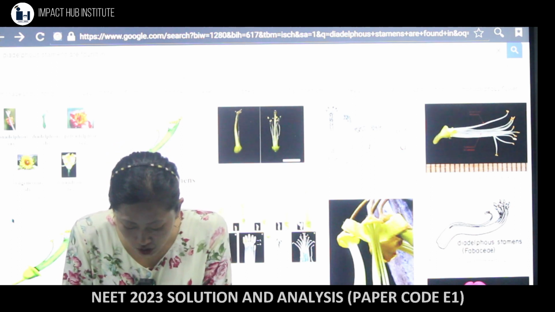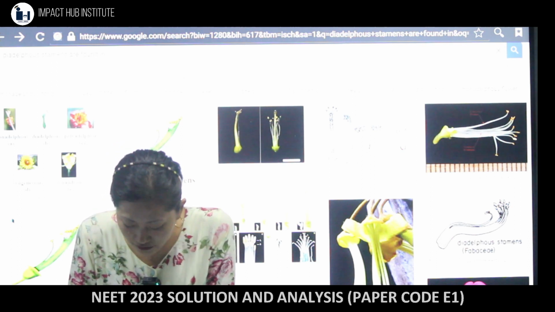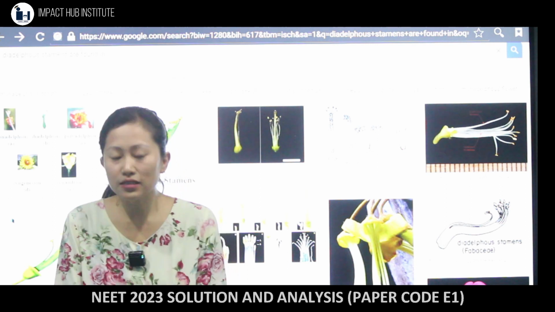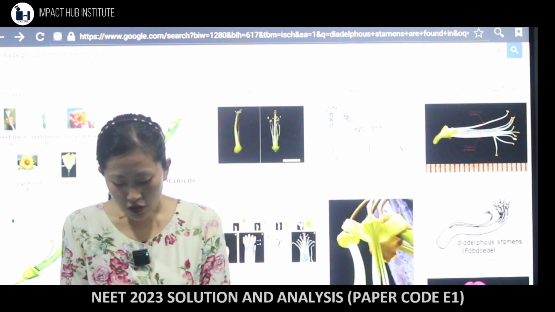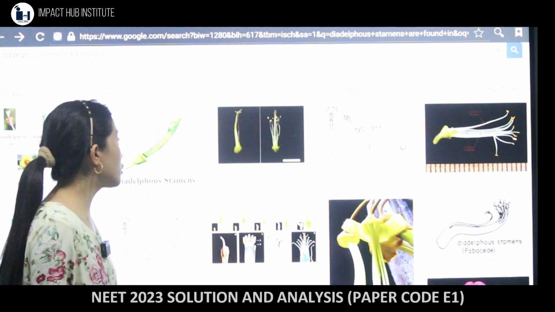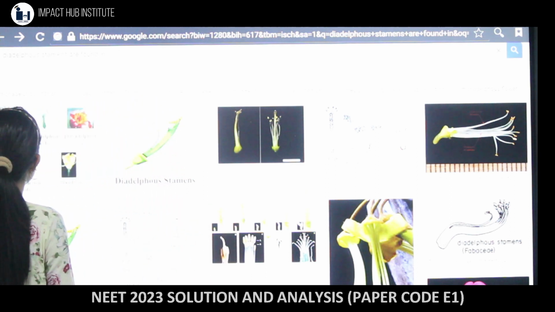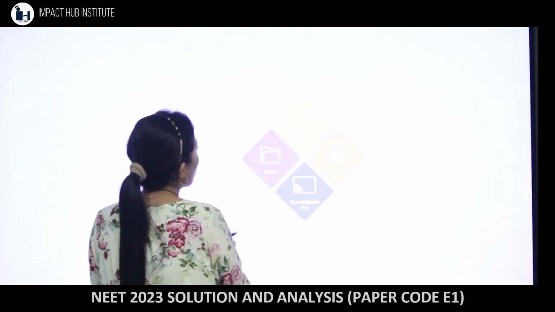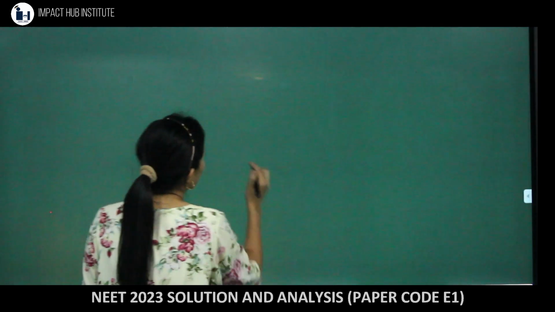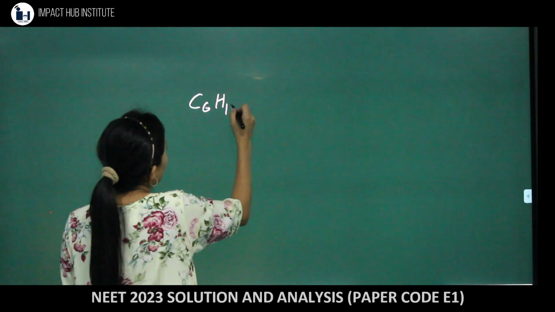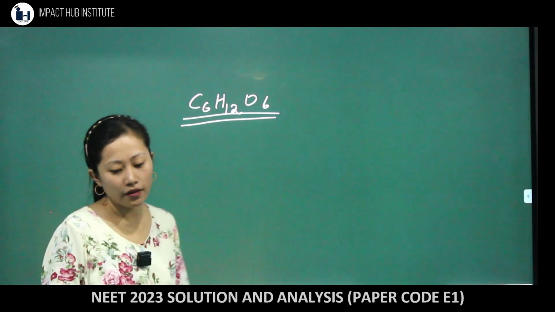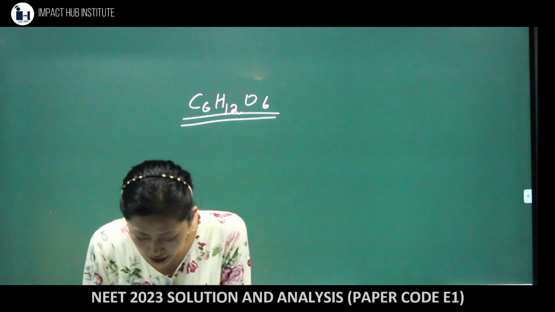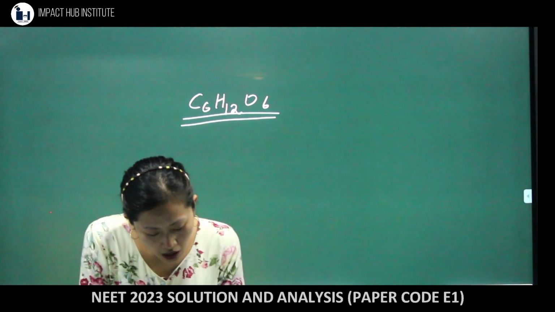Coming to the next one, from the photosynthesis chapter, they are asking about the Calvin cycle. They are asking how many ATP and NADPH2 are required to synthesize one molecule of glucose, C6H12O6.